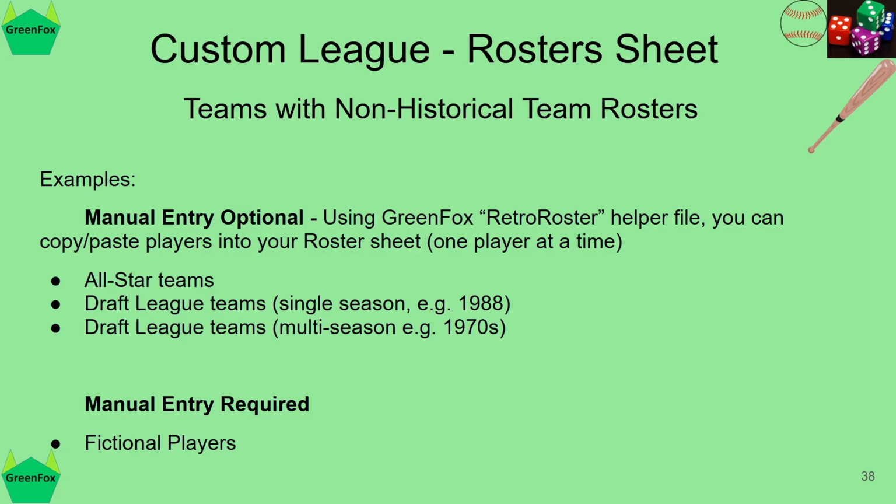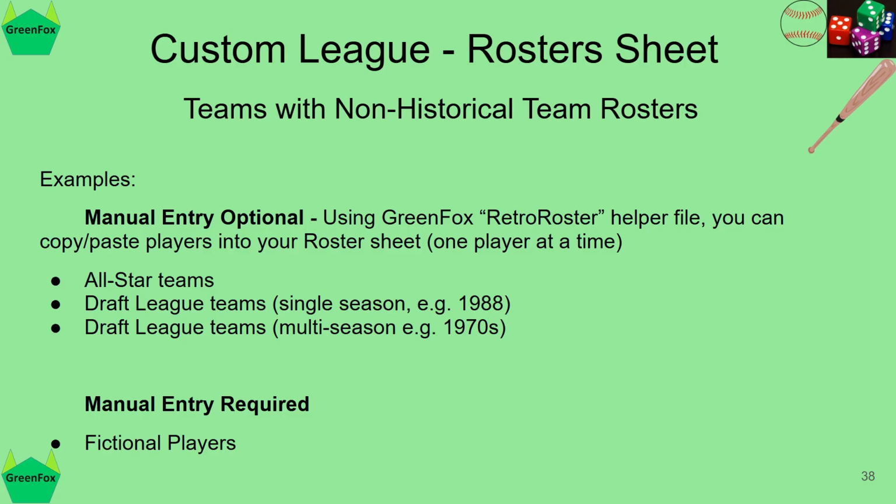composed of purely historical teams, then you have a couple options. So one is you may be able to use this copy paste play one player at a time mode if they're historical players.